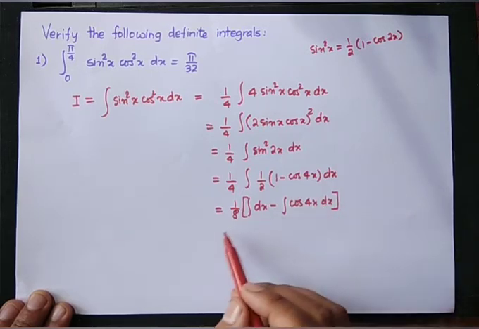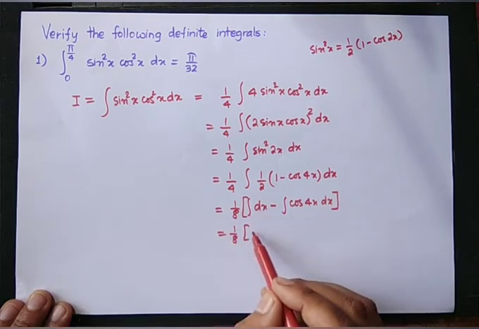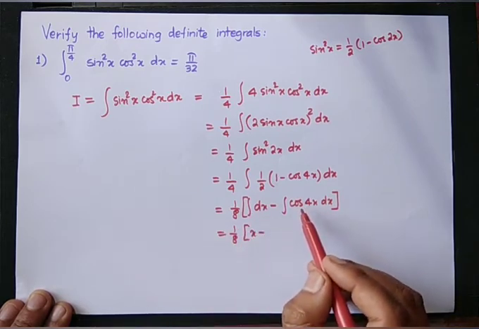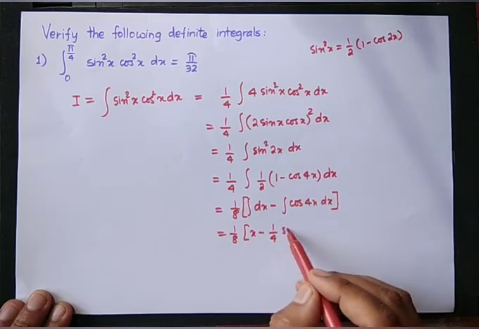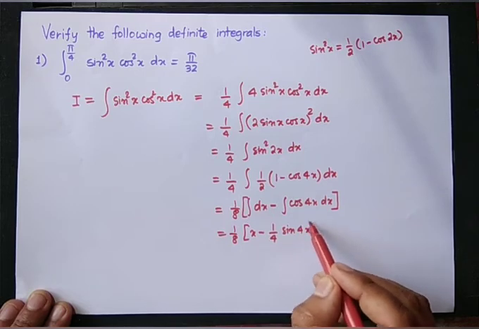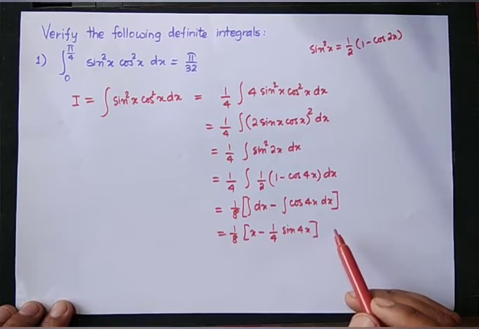So let's evaluate this. We have 1 by 8, the integral of dx is x, and the integral of cos mx is 1 by m sine mx. And since we are doing a definite integral, we are not going to put any constant of integration.